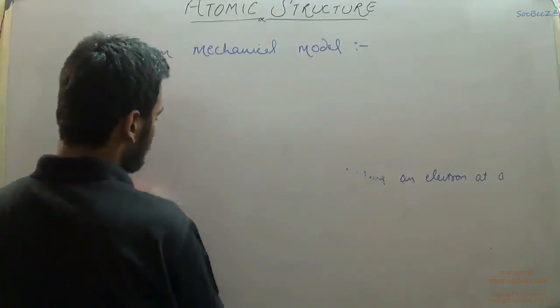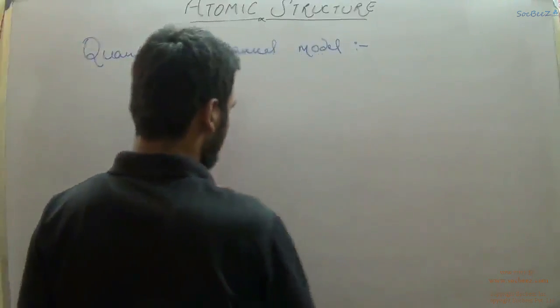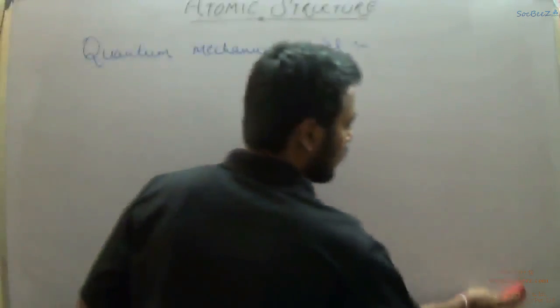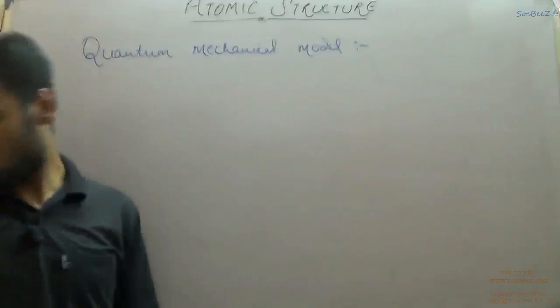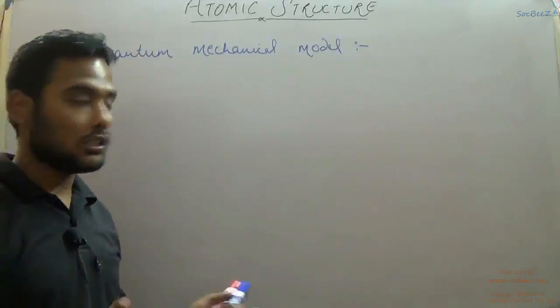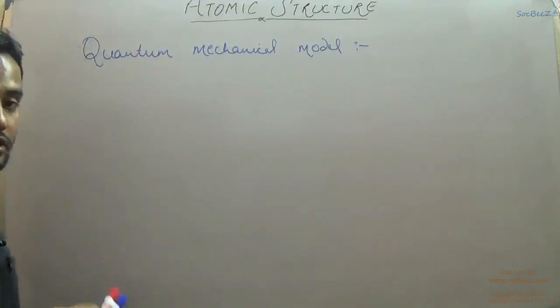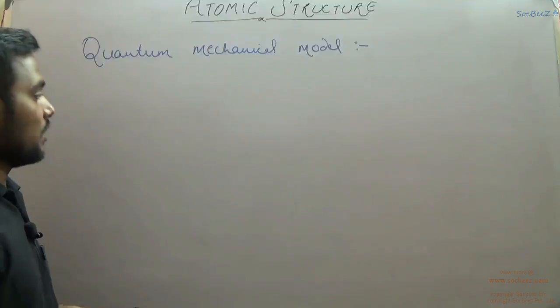We'll again see how this particular psi square gives us the idea about the splitting of orbitals and about the nodes, the location of various electrons. We'll discuss about it.